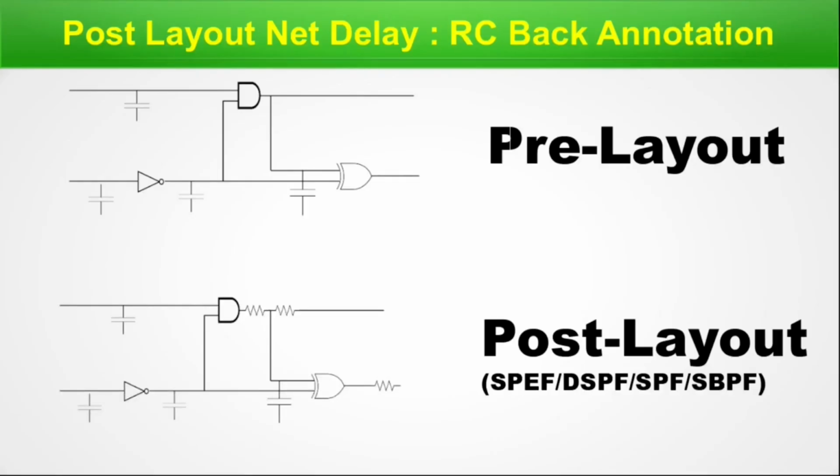Can you spot the difference? Yes, the difference is here and here. These are the parasitic resistors that have been added. I have not complicated the structure with parasitic capacitors, but they will still be there. It is just to exemplify. In such circuits, when there is a post-layout netlist, the SPEF is created.